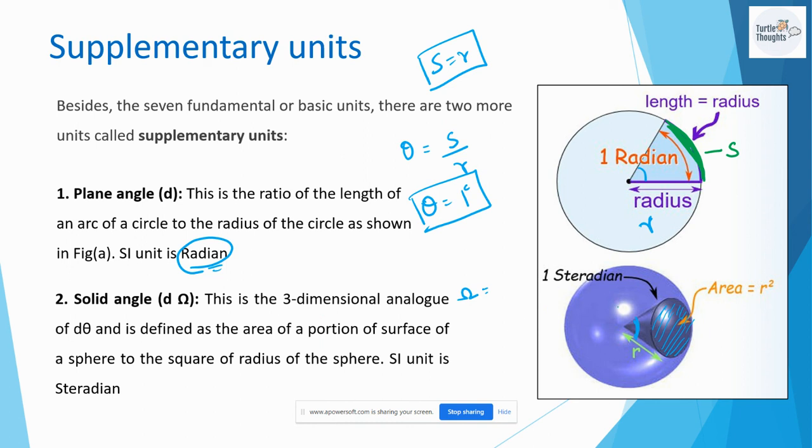So I can tell that the angle is going to be 1 steradian if the ratio of area and the radius is equal to 1. Okay, I hope that is clear. So if the ratio of area divided by the radius is equal to 1, what does this mean? This means that the area should be equal to the radius. If that is the case, I can tell that the angle is 1 steradian.